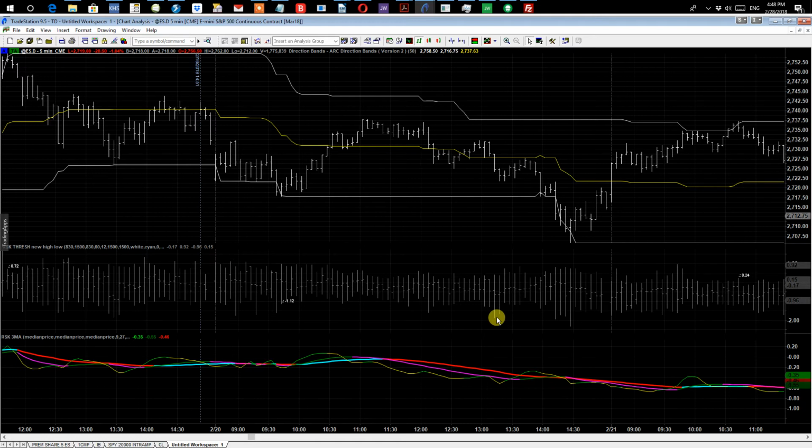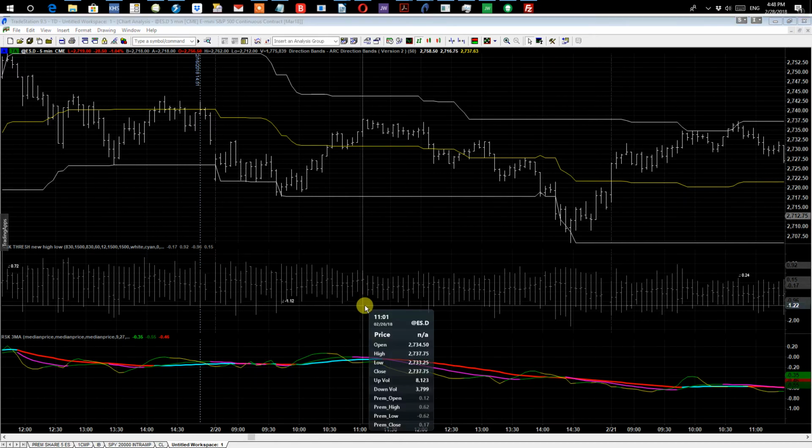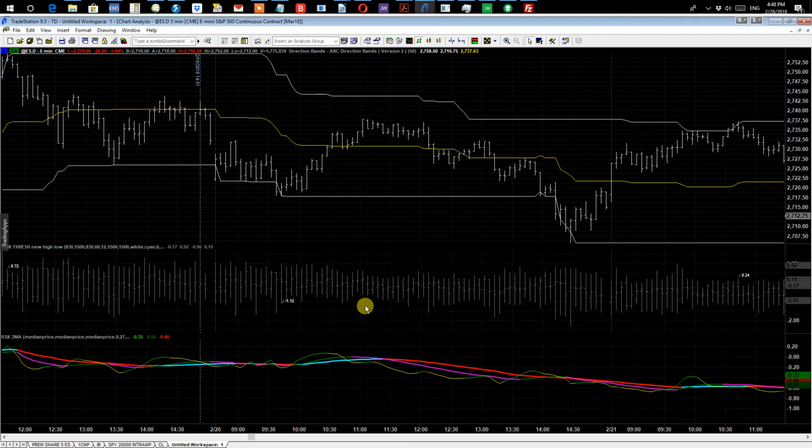But we like to use a faster chart because we get much better entries, keeping in mind that while the highs and the lows of the bar are the key, those highs and lows are not necessarily happening exactly at the beginning or end of the bar itself.